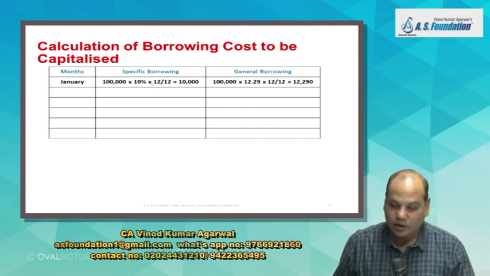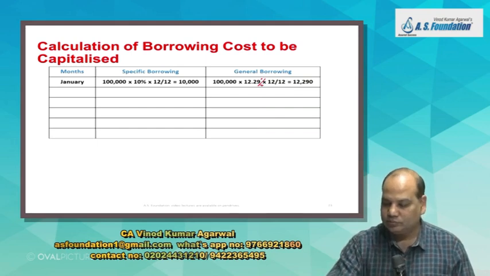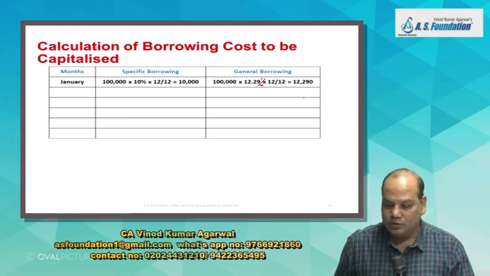Out of 2 lakh, 1 lakh is specific borrowing. The remaining 1 lakh is general borrowing, and this is 1 lakh into 12.29% into 12 months divided by 12 months. Is it 12,290? Right, 12,290.